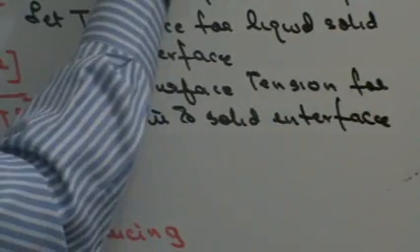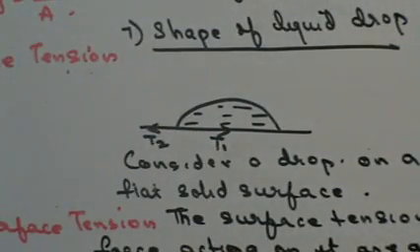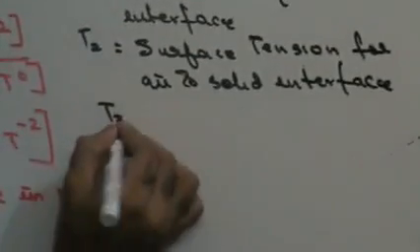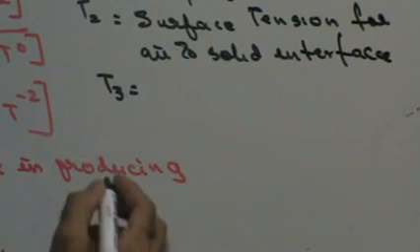So this is going to be my T2, between the air and the solid. And third, T3. Let's assume that T3 is the surface tension between the air and the liquid interface.